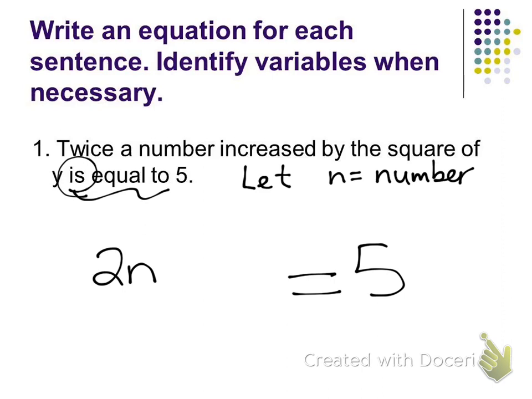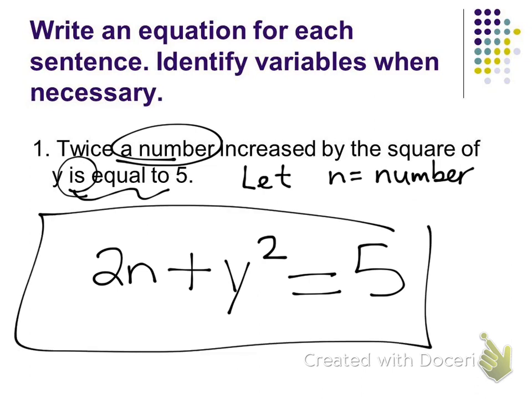So 2n, increased by the square of y. So we have two variables here. One of them we had to define because it just said a number. The other one, they told us what to make the variable. This is one where I'd probably say, pause, review. Twice a number works. Increased by works. The square of y works. Is equal to 5. Done.